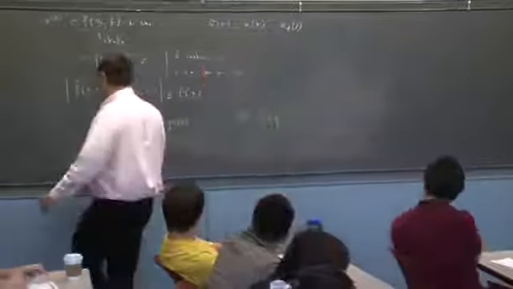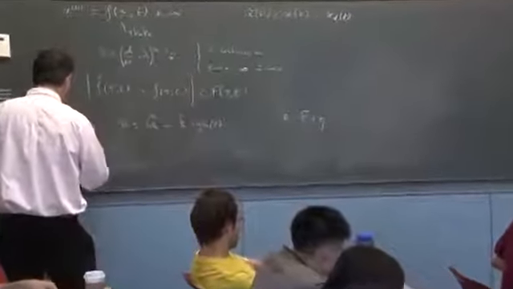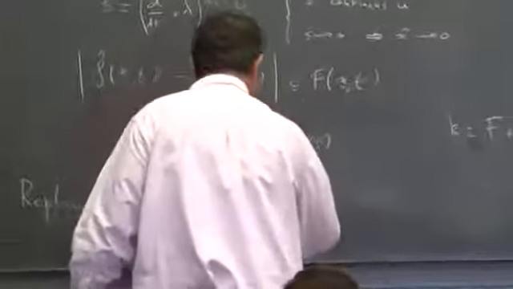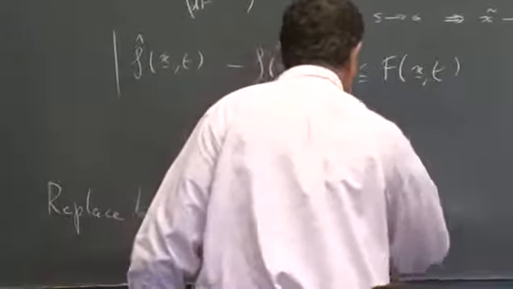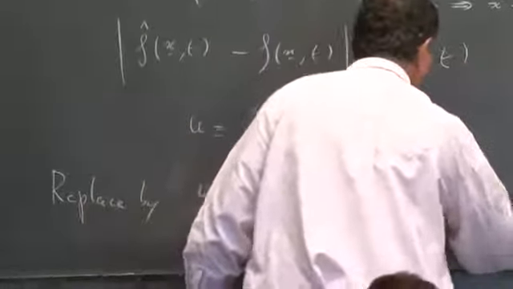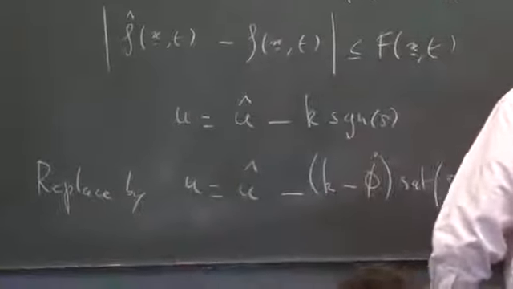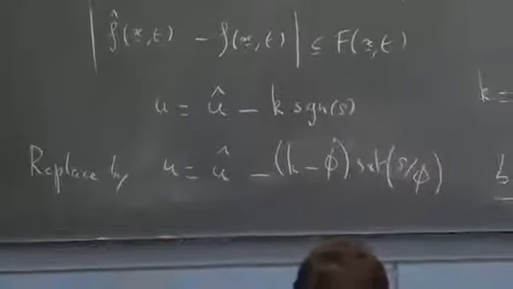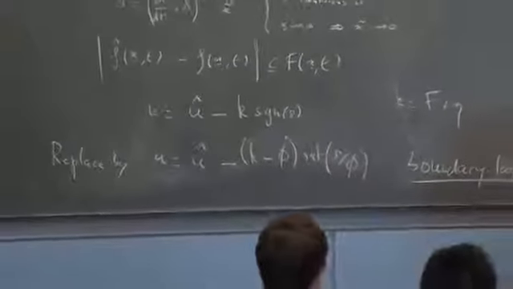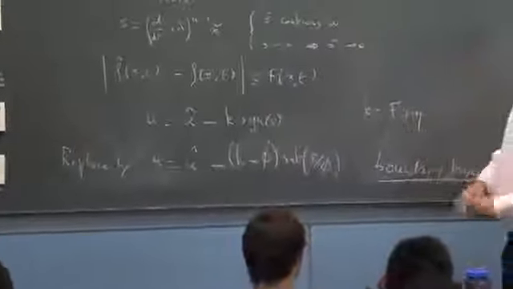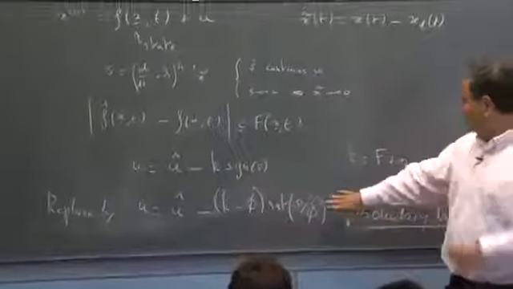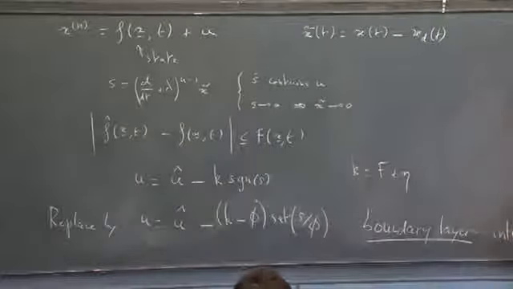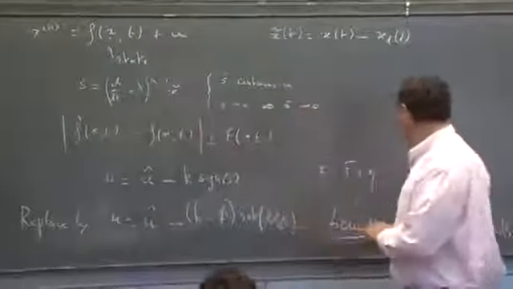And so we said we would replace this by the same u hat, the same k, but now some interpolation in a boundary layer. And we explained how to choose phi, perhaps time varying, to pick reasonable choices, as also we explained how to choose lambda.